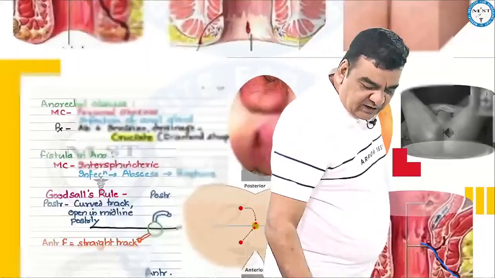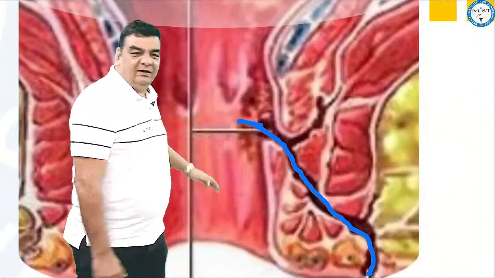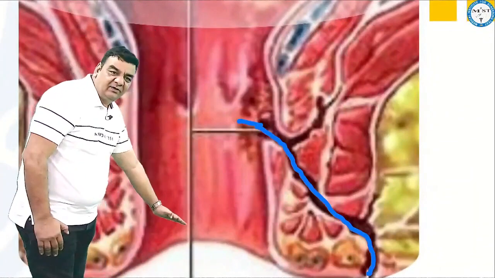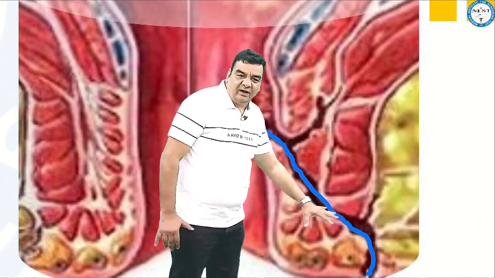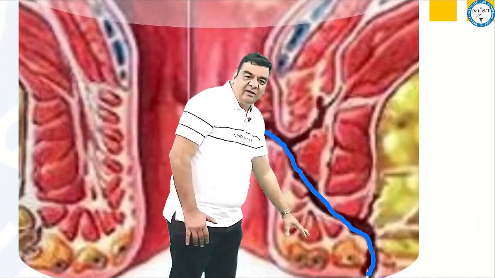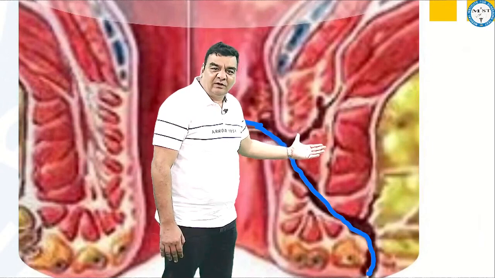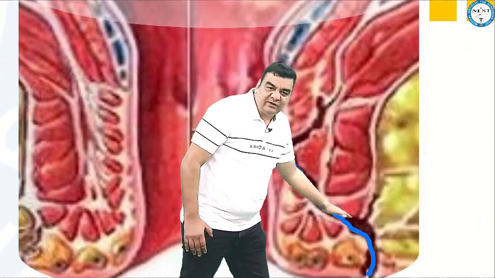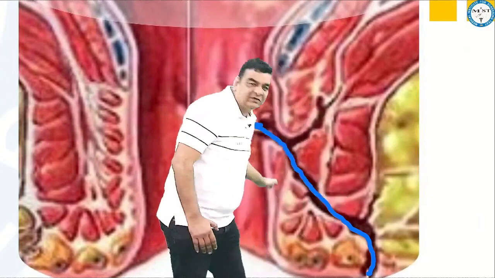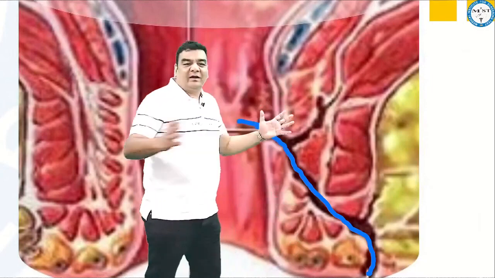For example, if I say that what we are seeing here is the anal canal, right? And there is an abscess developing in this particular area, in the perianal area. Now, if the patient does not come to the doctor and this abscess is not treated, the abscess will keep on increasing in size, and a day will come when this abscess might rupture.